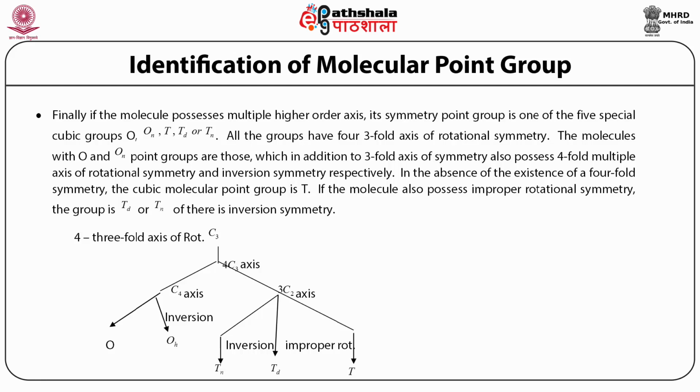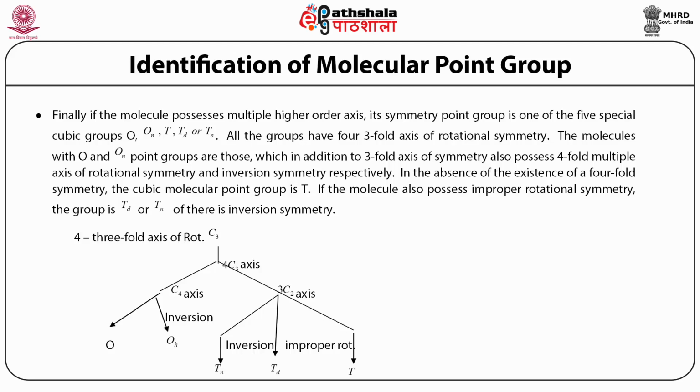So the first thing is to see if the molecule has a threefold axis of rotation. If we find that the molecule has threefold axes of rotation and they are 4 in number, then we go further and see if there are any fourfold axes of symmetry or not. If there are fourfold axes of symmetry, then the point group to which this molecule belongs can be either the cubic group O or Oh, depending on whether it has inversion symmetry or not.